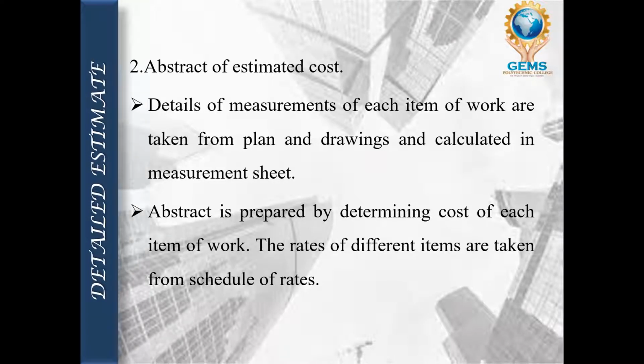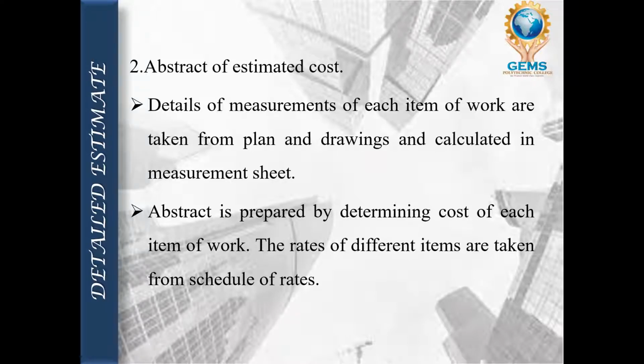First we need the plan and design. The design, plan and drawings of the building are needed, so that from that we can take how much material we are using and what is the quantity of items we are going to use in that project. The detailed measurements we are going to take from the plans and drawings.